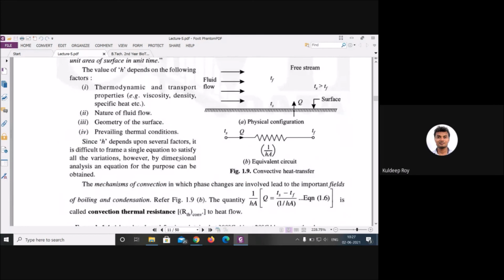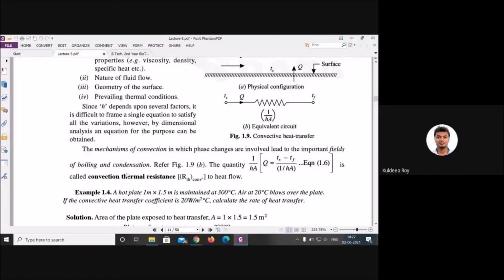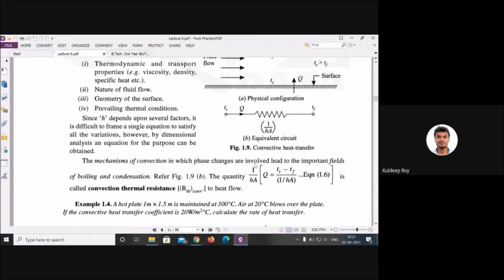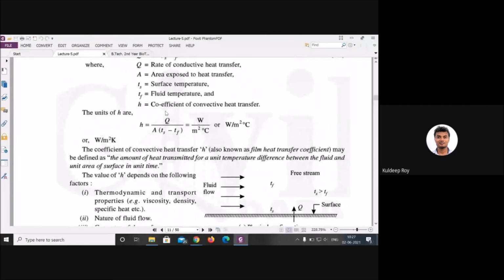The same thing we can derive for resistance as well. Q is equal to hA delta T. This is the basic formula.